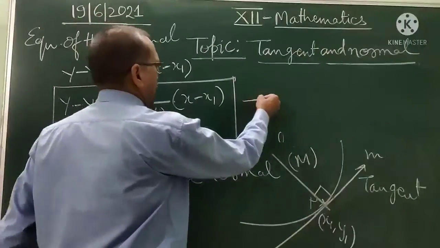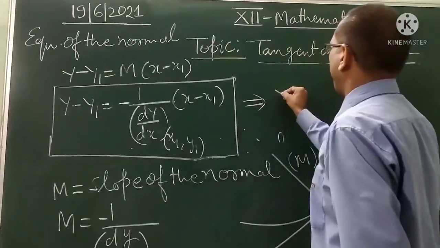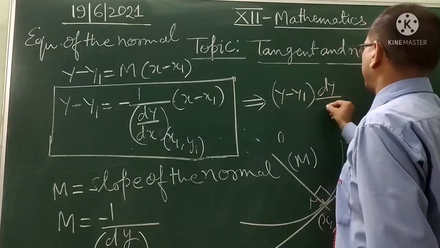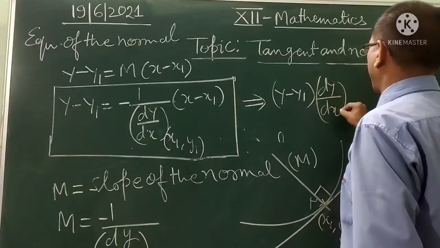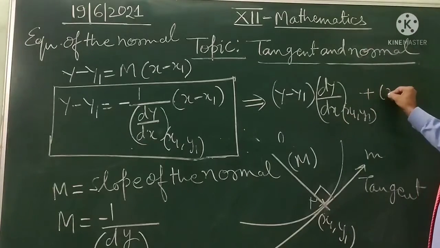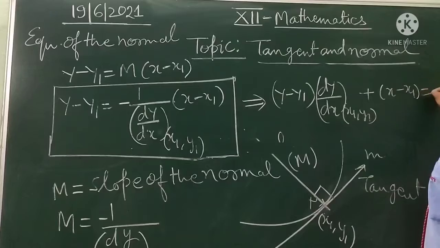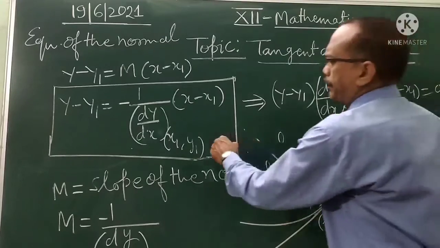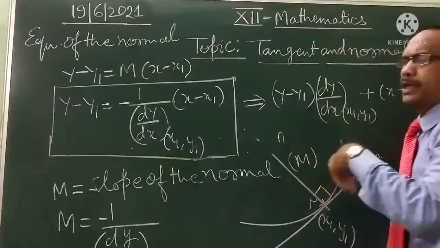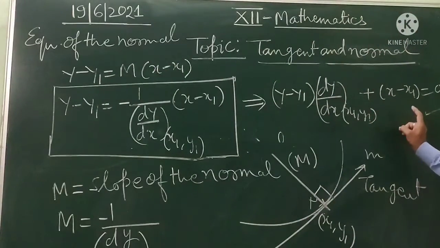We can also write (y minus y1) times dy over dx at (x1, y1) plus (x minus x1) equal to 0. Cross multiply it and shift x minus x1 to the left side, then we will get this equation.